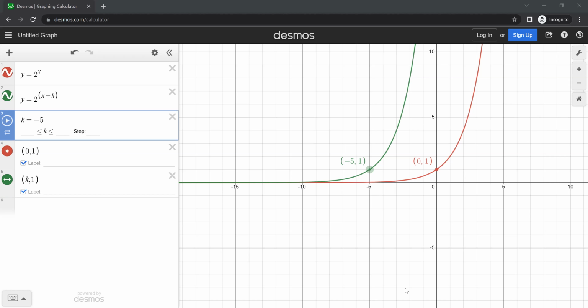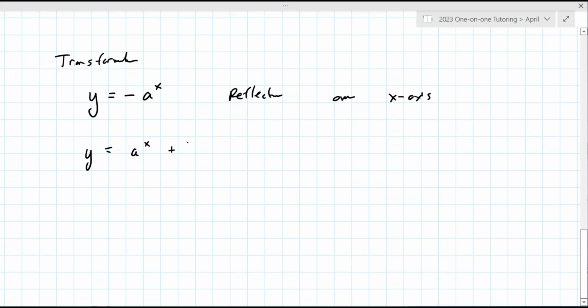This relates to the next set of problems here. So here are the transformations that we have talked about thus far. If it's y equals negative a to the x, this is a reflection over the x-axis. This is like your cliff notes, okay? If it's y equals a to the x plus k, so basically just a number off to the right here, this means k up or k down.